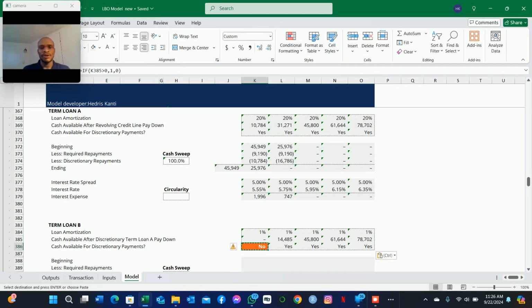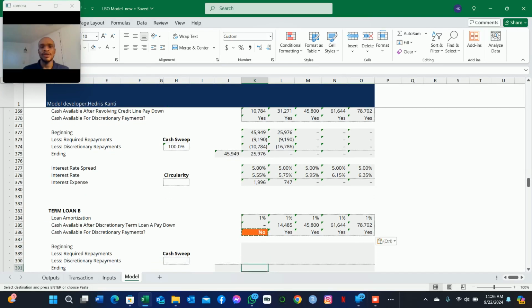As you can see, in the first year, it says no, there is no cash available, so we have that conditional formatting kicking in here. And for the rest of the years, it says yes, and we have the conditional formatting responding here as well. So in the first year, for now, there is no cash available for discretionary payments.